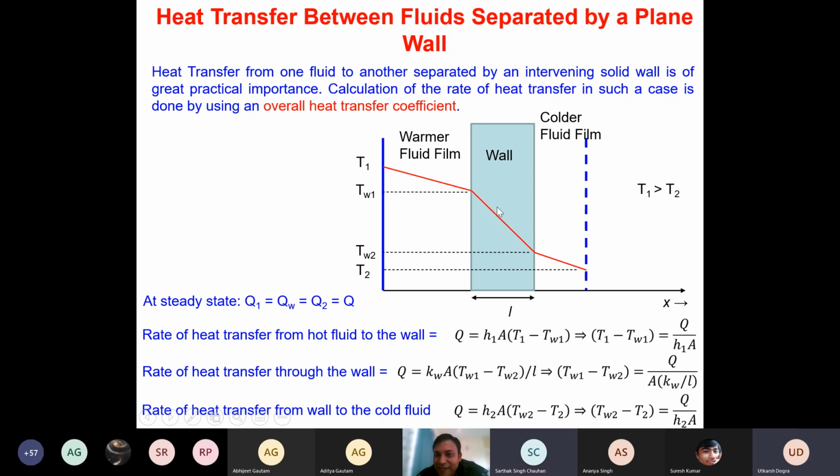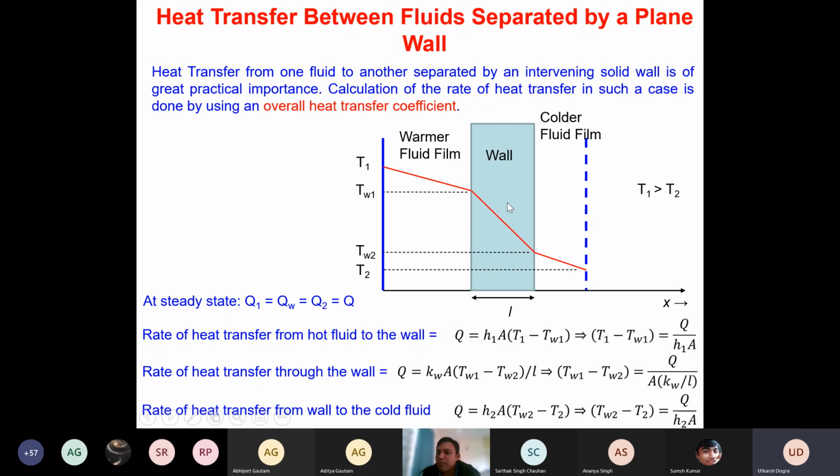Yes, sir. Got it. So this heat transfer coefficient, you are saying, will be dependent on the velocity, viscosity, density and thermal conductivity of the fluid, and not on the wall.